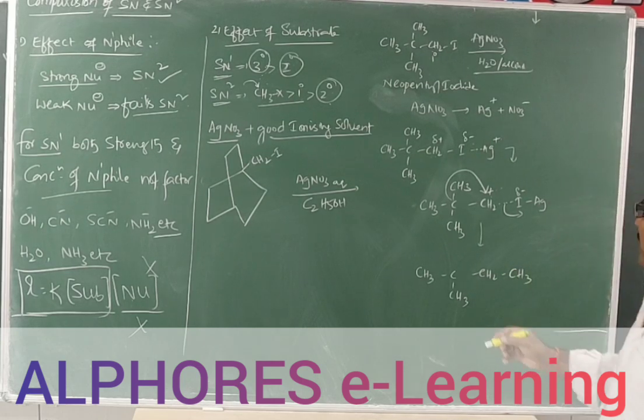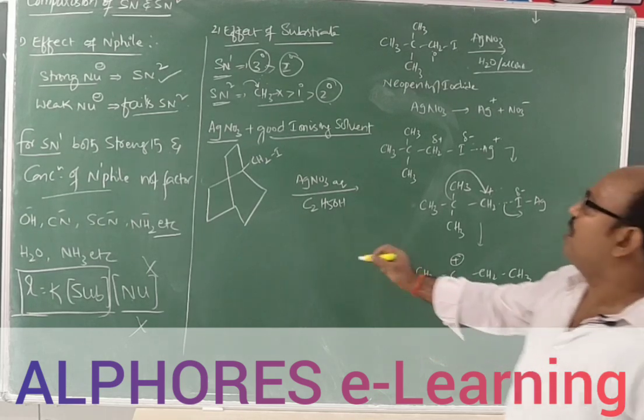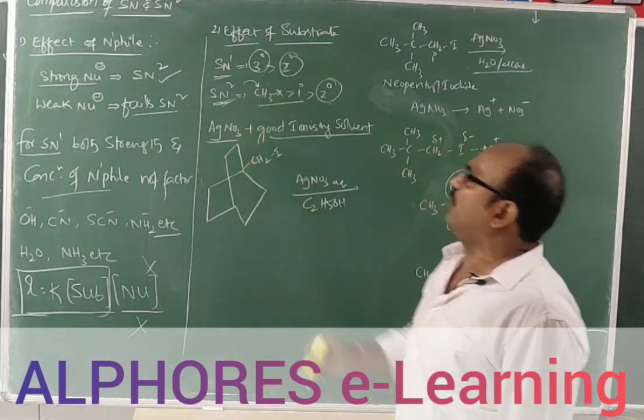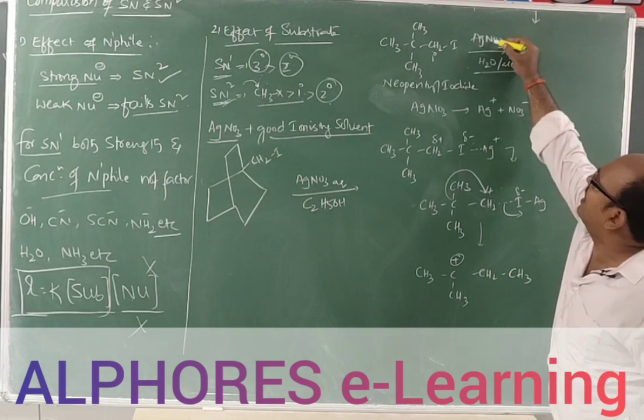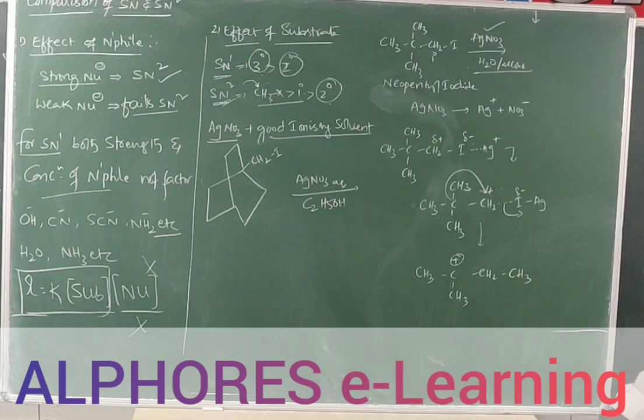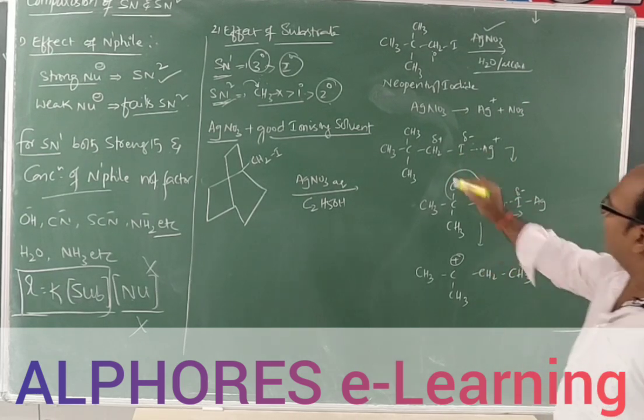So here, does primary carbocation formation take place or not? In general, primary carbocation formation is difficult, so we say it is not possible. That's why primary always prefers to go by the SN2 mechanism. Whereas when we use silver nitrate, primary carbocation character also develops here.